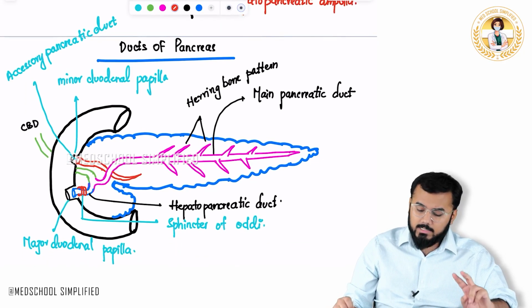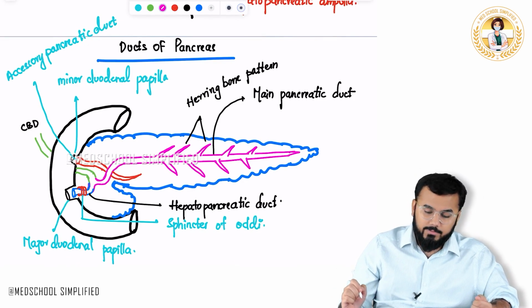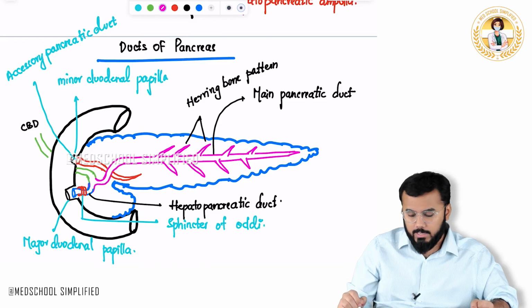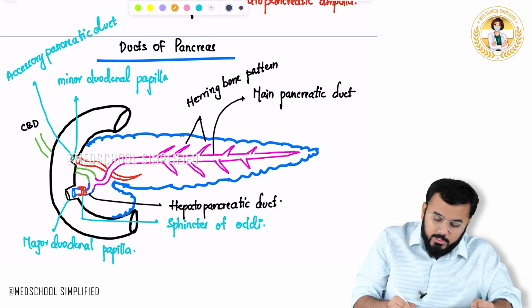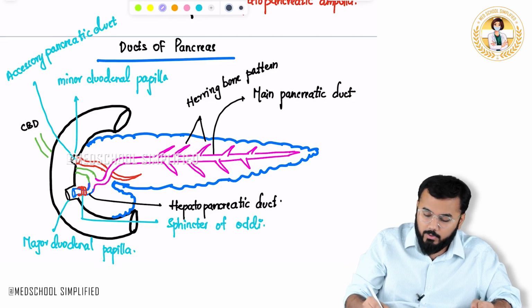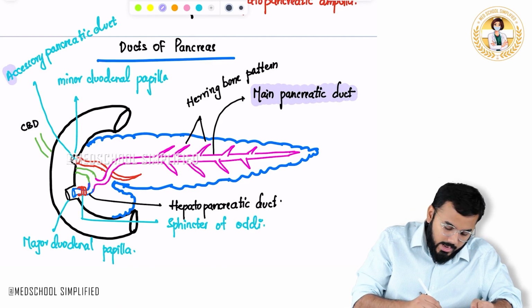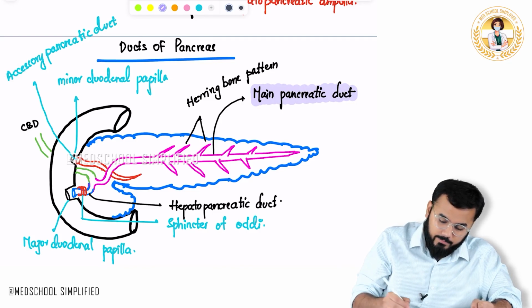Now there are some other names given for these ducts. Concentrate mainly on these two ducts. One you have is the main pancreatic duct, and the other one you have is your accessory pancreatic duct.